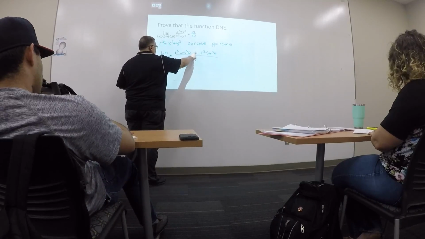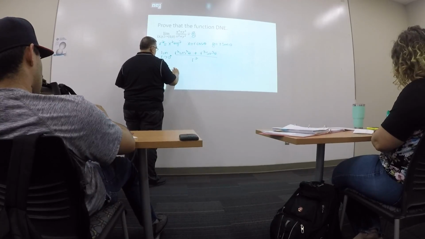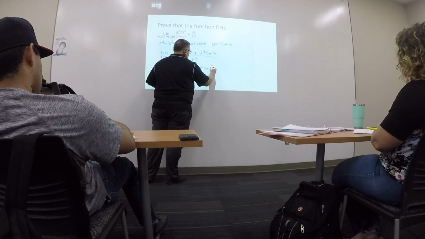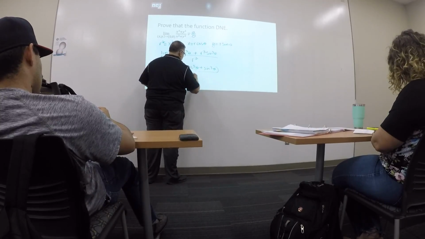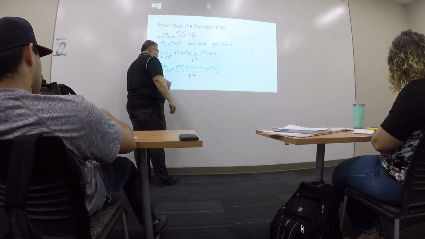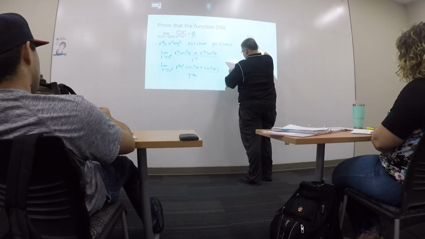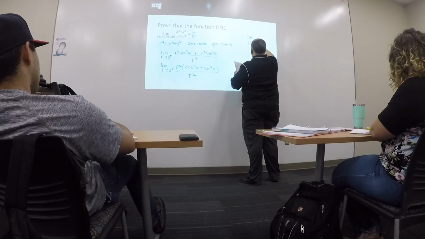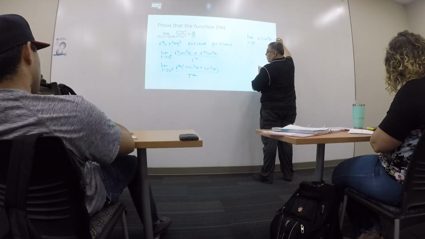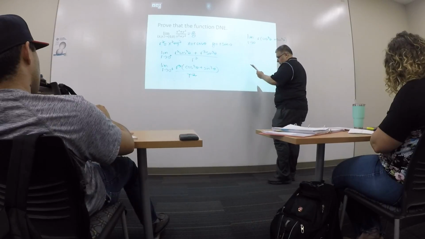Now this r cubed, I can factor out, and then this r squared cancels out with 2 of these, giving me just 1. So I have the limit as r goes to 0 of r times cosine cubed theta plus sine cubed theta.